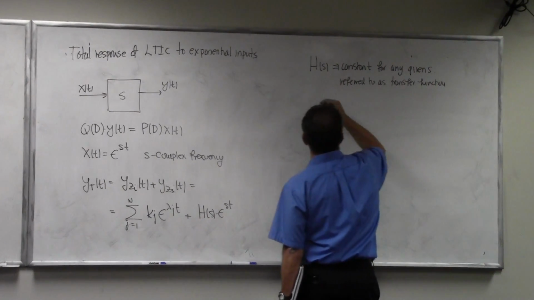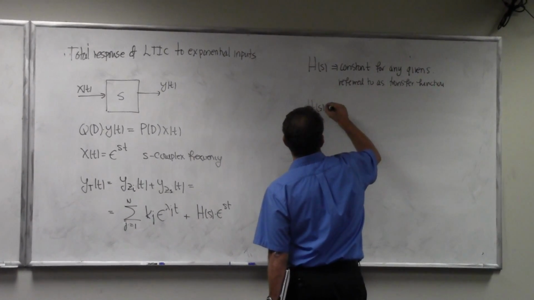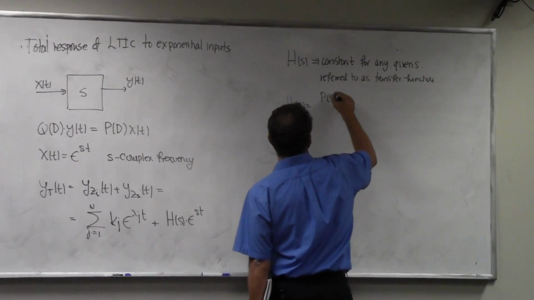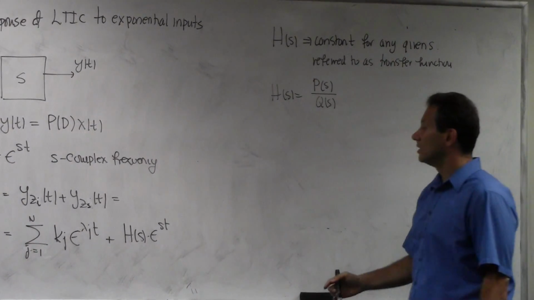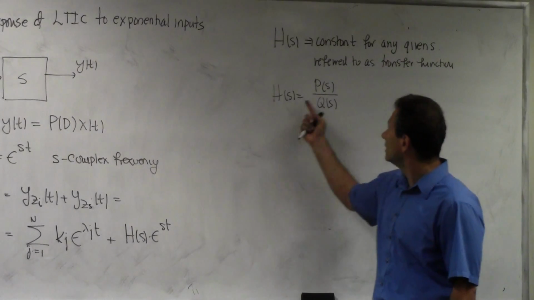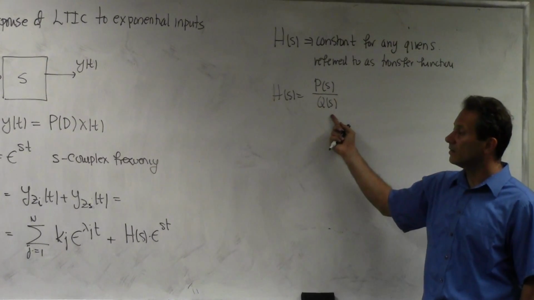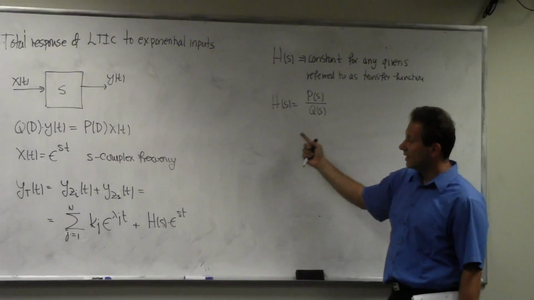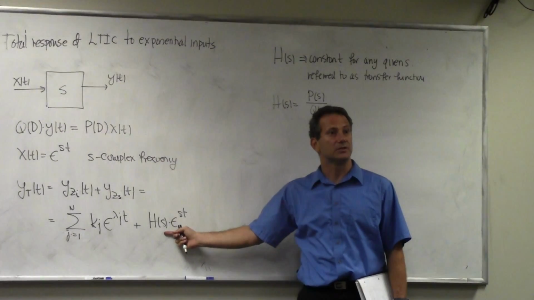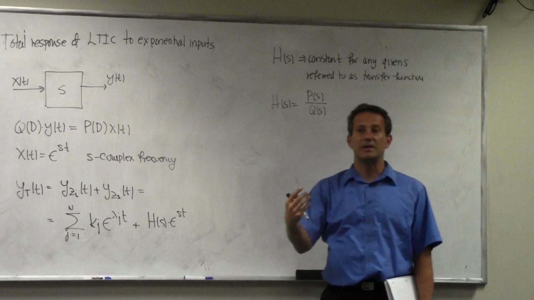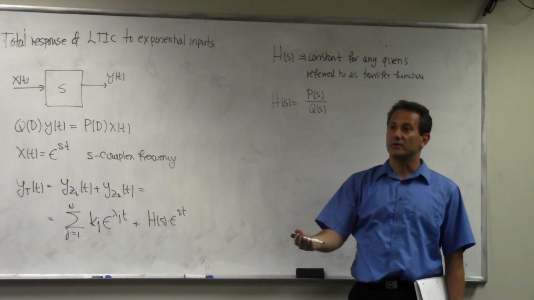Transfer function can be evaluated: H of s is P of s over Q of s for some s. So if I know the s, I can plug it into this equation here, obtain what the constant is, and immediately I know what the steady state response of my linear system is, which is tremendous value, right?